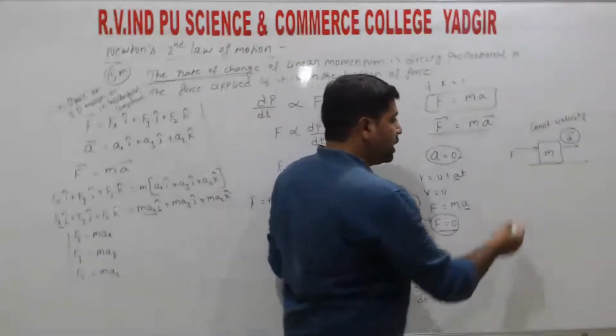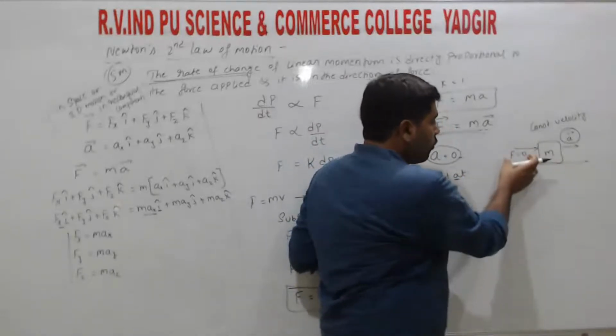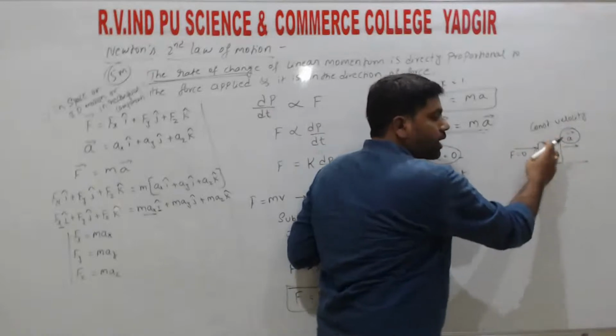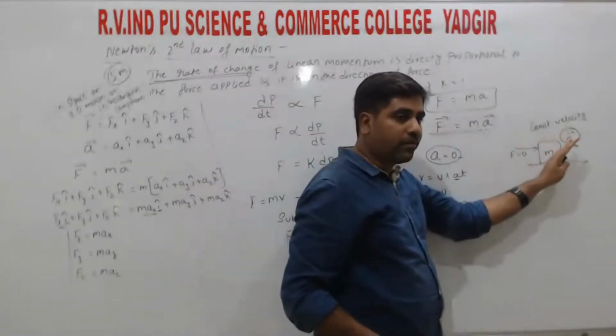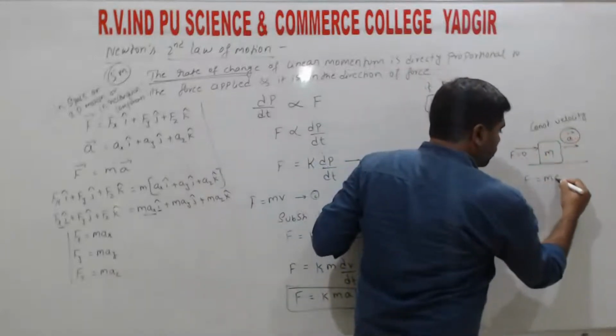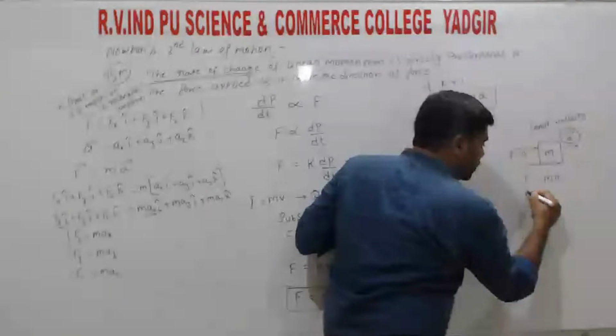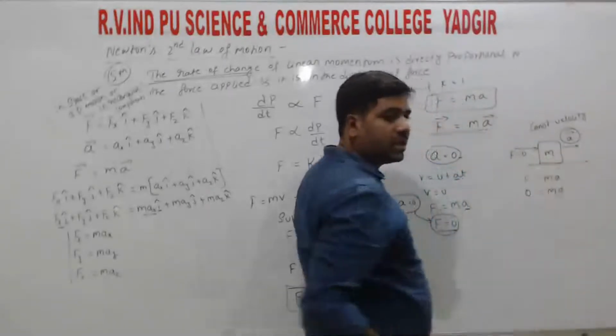Conversely, if the applied force is 0, meaning we are not applying any force on the object, we have the relation F = ma. Force being 0 does not mean mass is 0, because mass has a value.